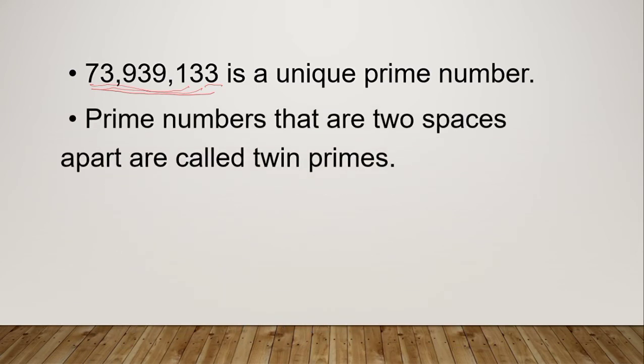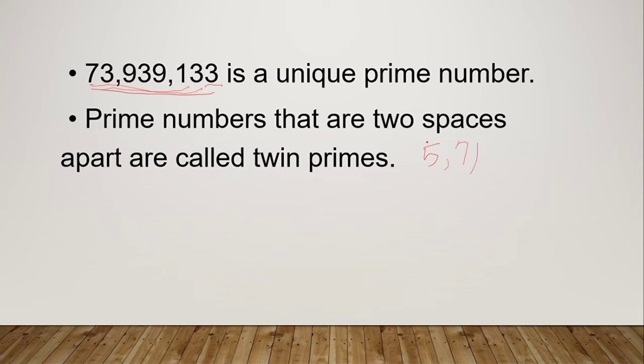Next, prime numbers that are two apart are called twin primes. An example for this is 5, because this is prime, and also 7, which is also prime.